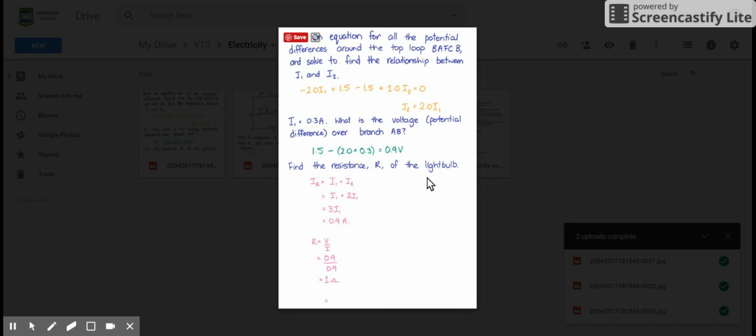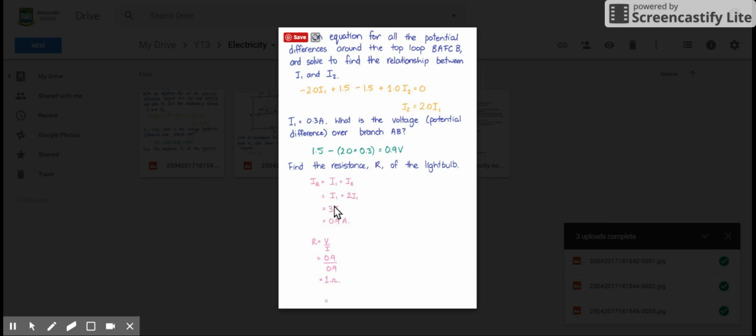Now we're going to find the resistance R of the light bulb. And this might look like it's really easy, but it's a two-step problem. First, we're going to apply Kirchoff's current law. We're going to say the current flowing through the light bulb is equal to the two currents flowing in. And when we add them together, at this point you might get a bit disheartened, but we have an expression for I2.